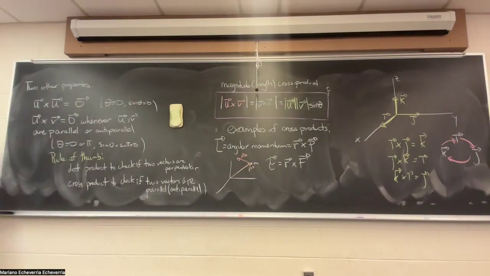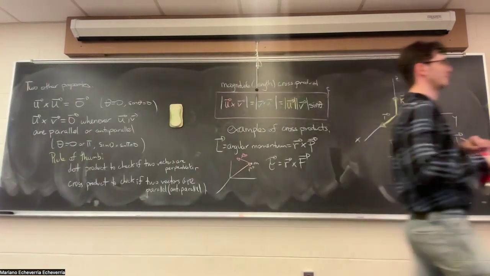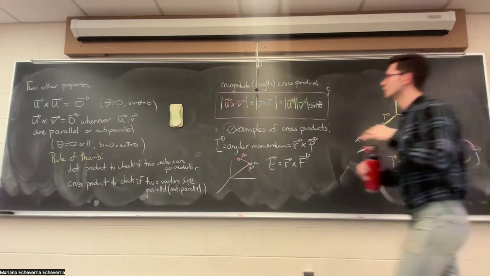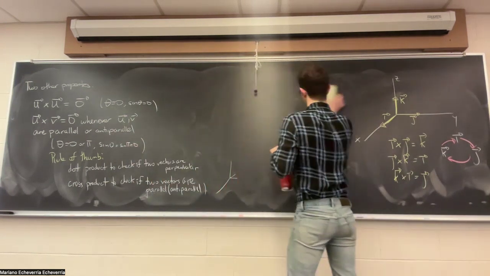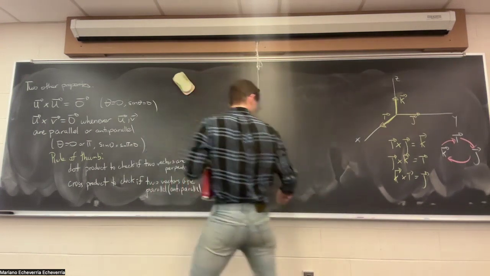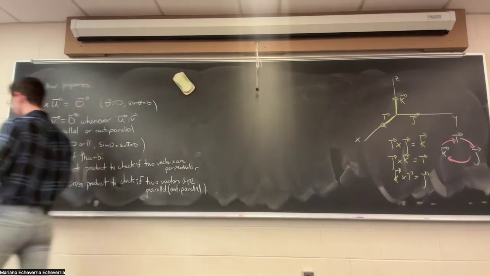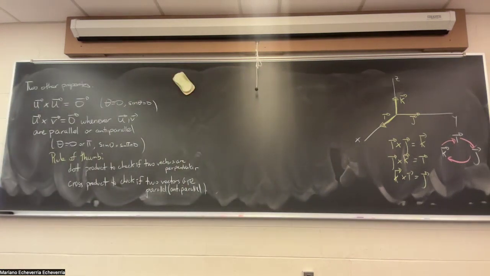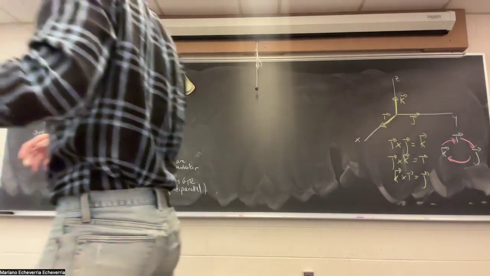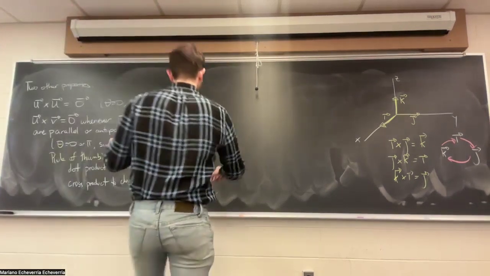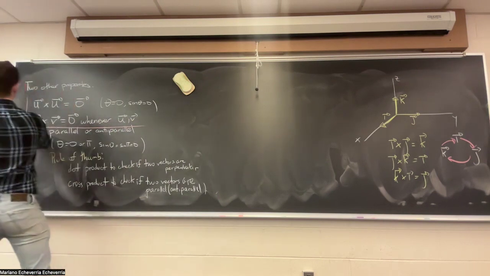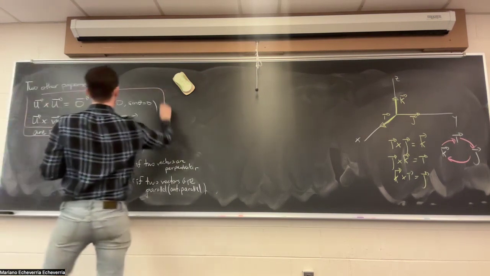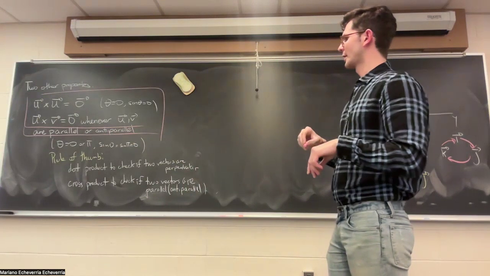And the other property: it's nice to know that the cross product still has a distributive property. So that's one property.